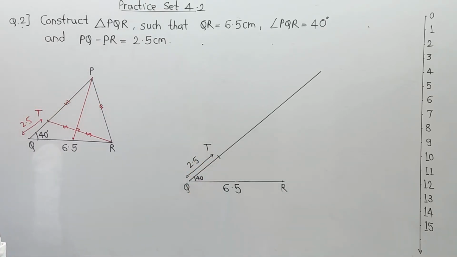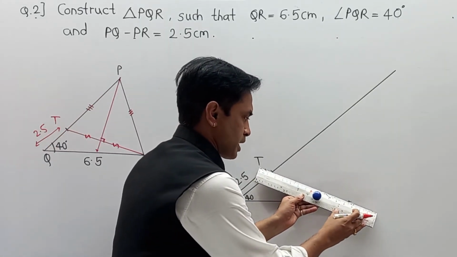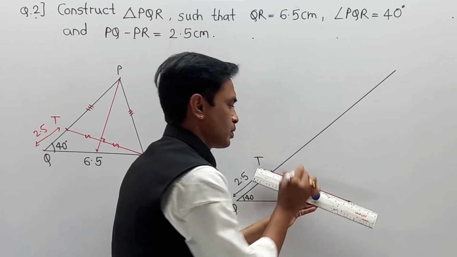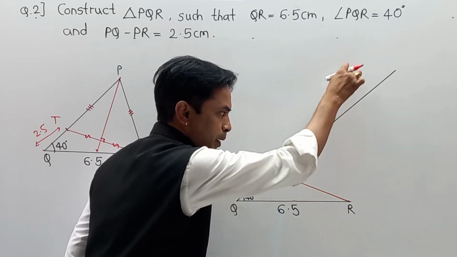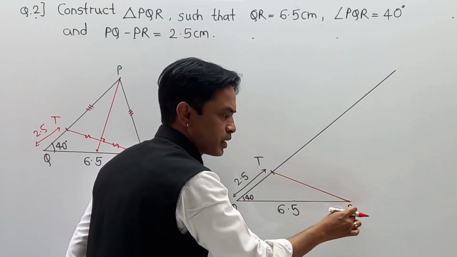Now your construction part will start over here. From T to R, I am going to draw one segment over here, and now my main construction will start. When you join TR, you have to draw one perpendicular bisector. We have to draw a perpendicular bisector on TR.